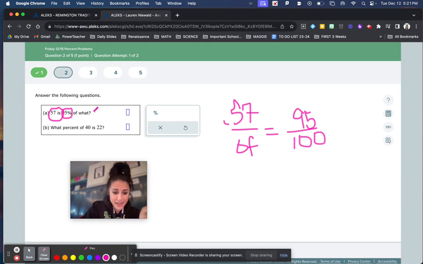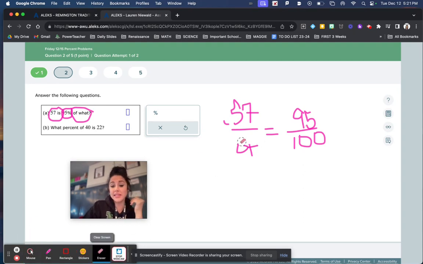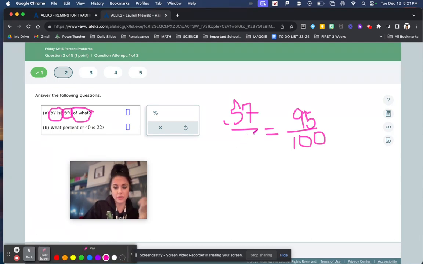And it says of what? So the of is going to be my variable, and that means I am looking for the total in this problem. I know the part, I know the percent, I don't know the total. 57 is 95% of what total number? That's what I'm looking for.